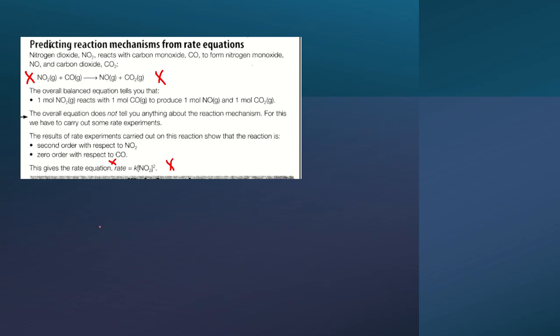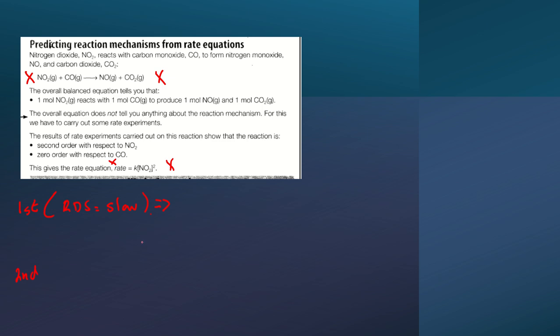And we're going to write for this a two-step mechanism. So we're going to write a first step, we're going to write a second step. We're going to say that the first step is the rate determining step, and the rate determining step is the slow step. Now, if you think about it, the only substances that should be in the rate determining step or the slow step are the things that control the rate, of course.